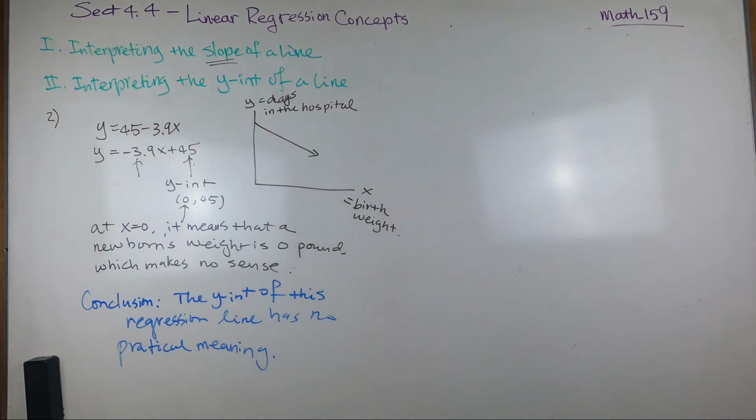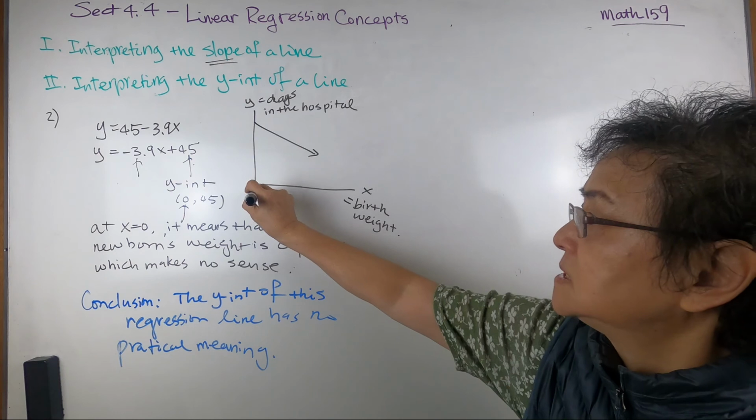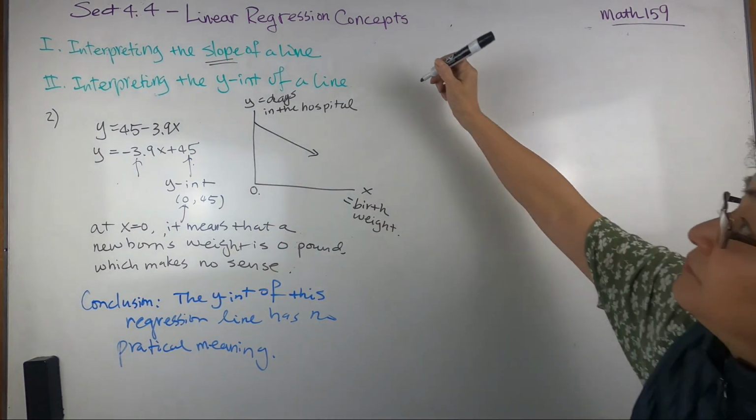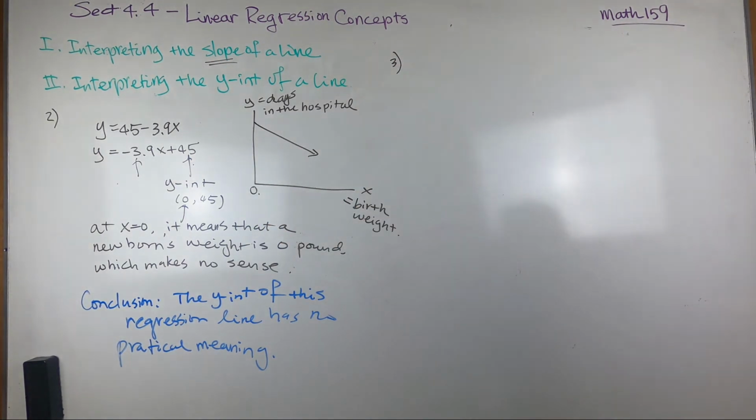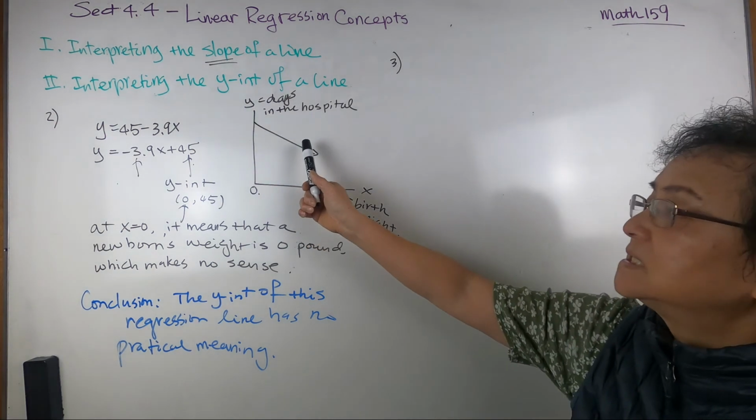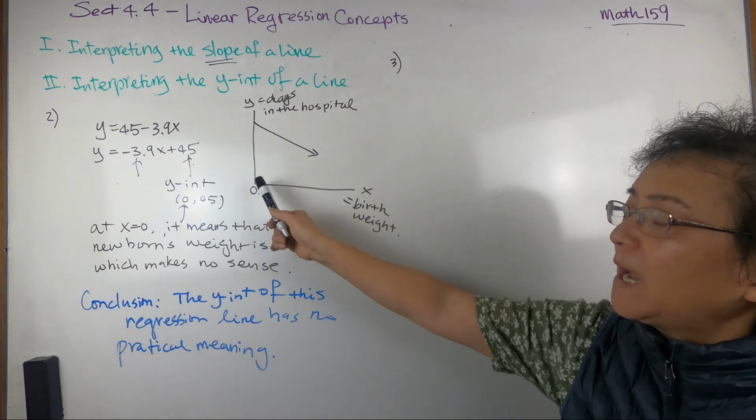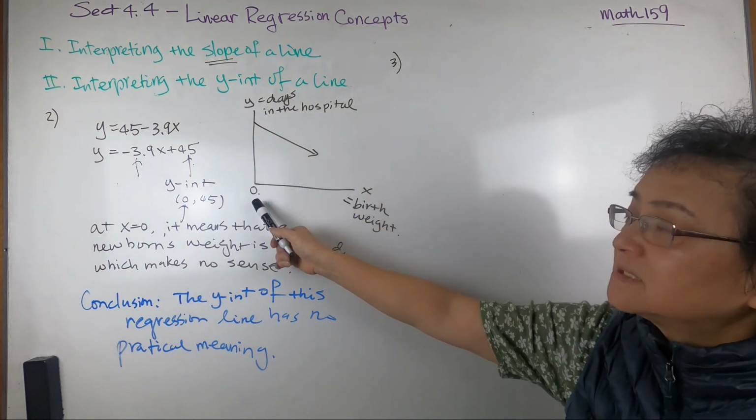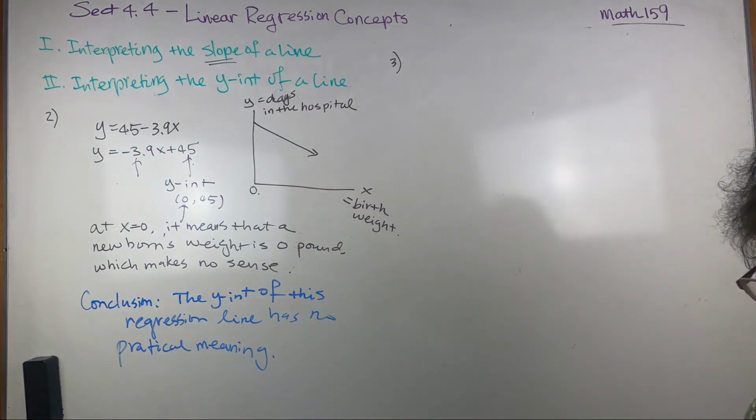Then the y-intercept has no meaning, because the y-intercept is talking about the x is at 0 place. Is that right? So far we are talking about interpreting the linear regression lines. The slope always has a meaning, but the y-intercept may or may not.